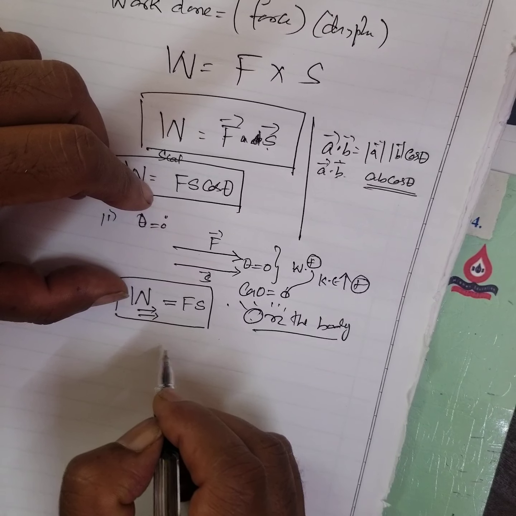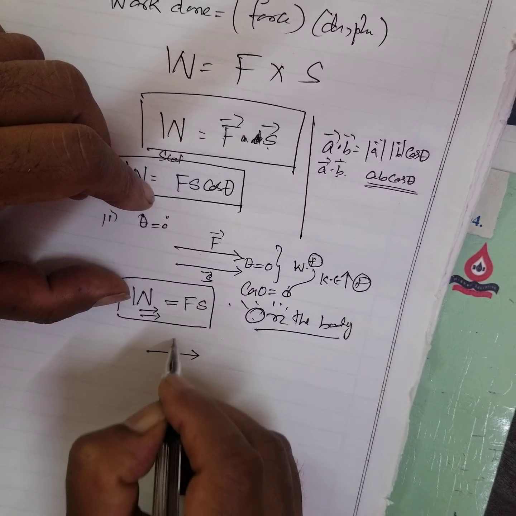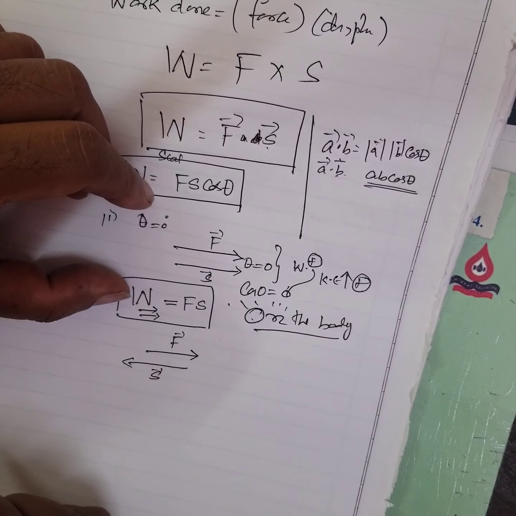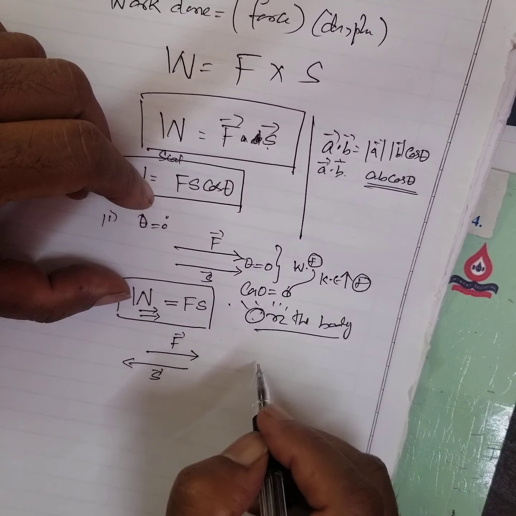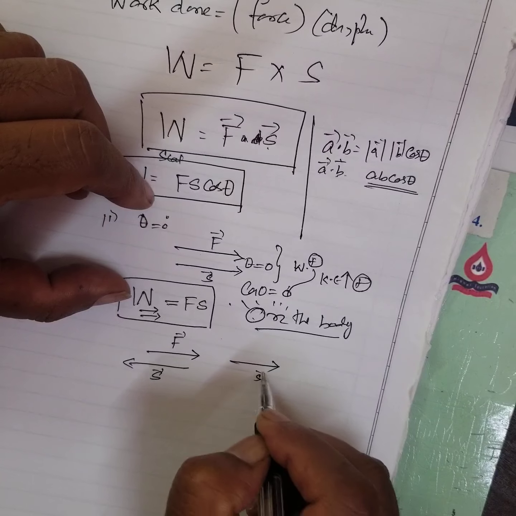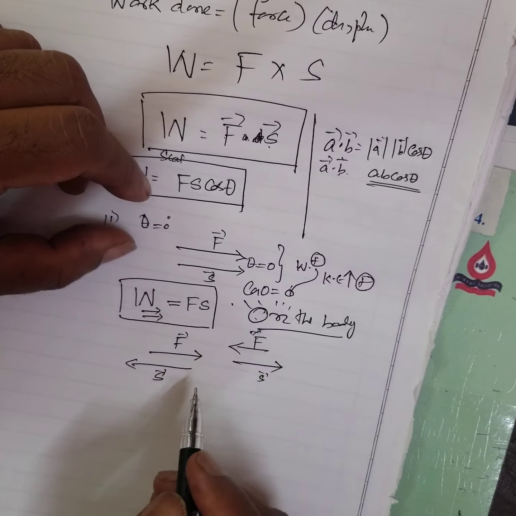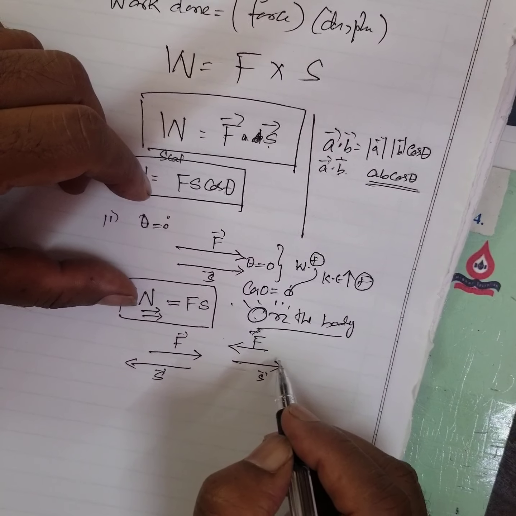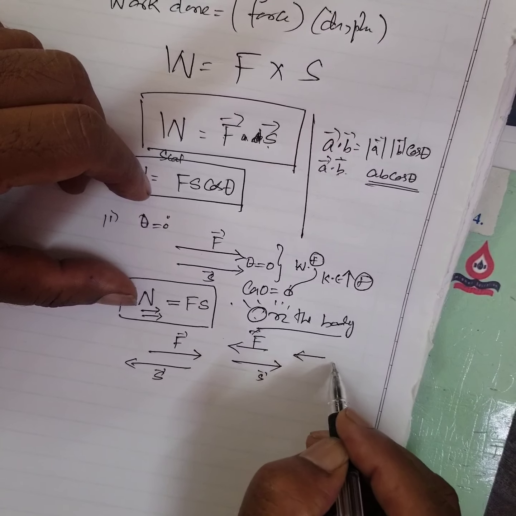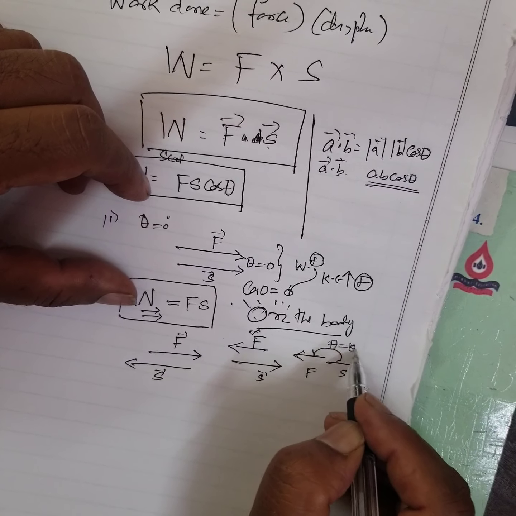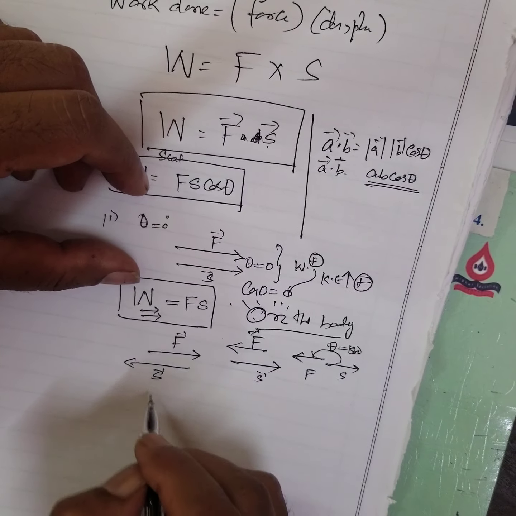Now, the force is acting in this direction, but displacement is taking place in the opposite direction. Or you can say the displacement is in this direction and force is acting in the reverse direction. This force is called retarding force. What is the angle between F and S? 180 degrees, theta is equal to 180. It is also called anti-parallel.